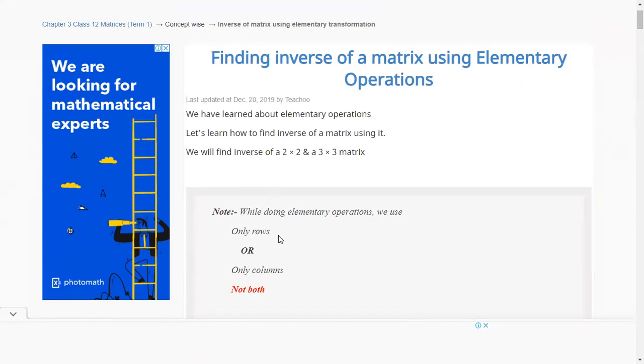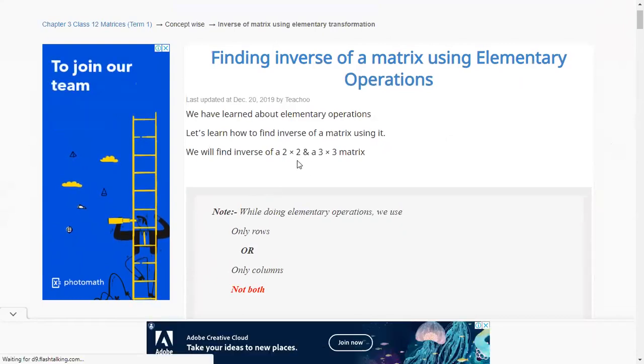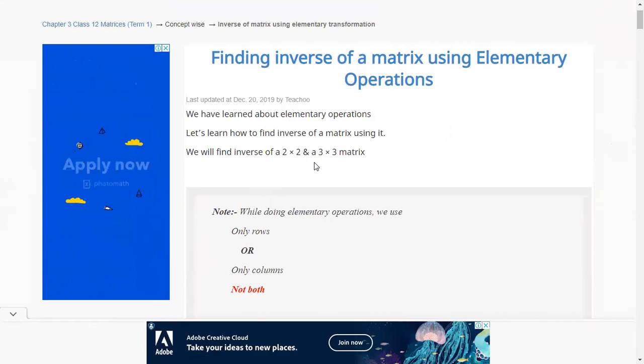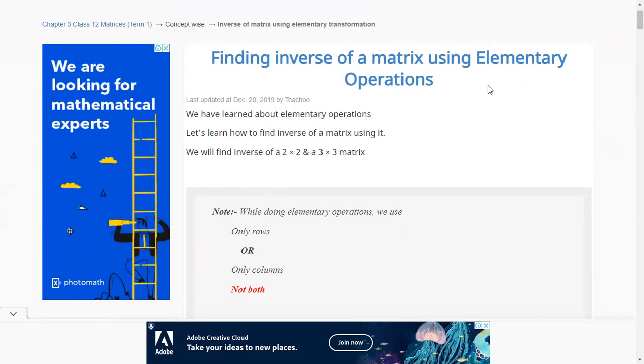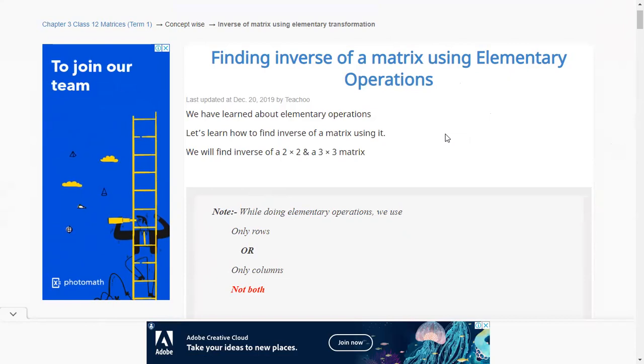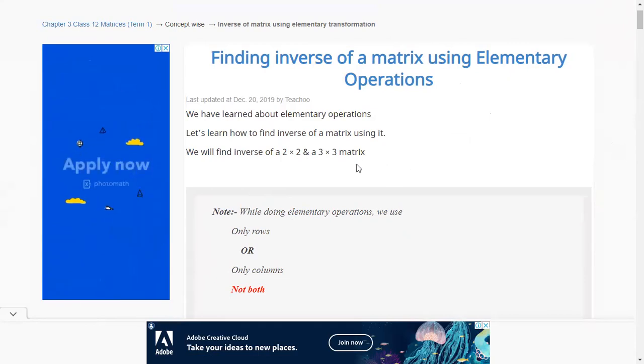See, this I just explained. Inverse can be found only for square matrices. If the matrix is rectangular, then you cannot find the inverse. If the order is 3 cross 2 or 4 cross 2, then you cannot. The number of rows and columns should be the same.